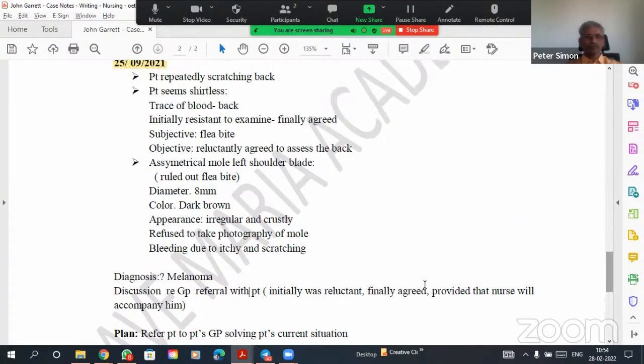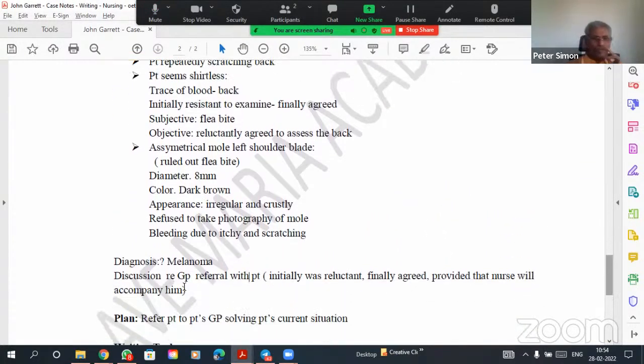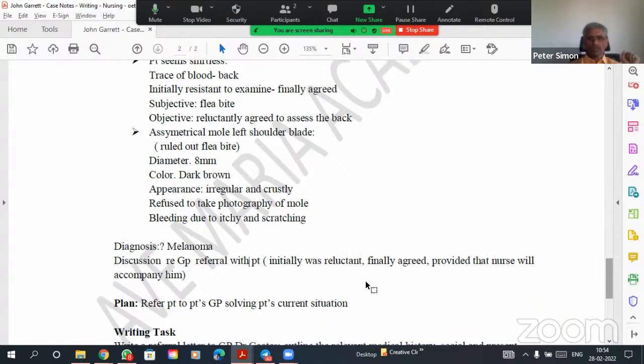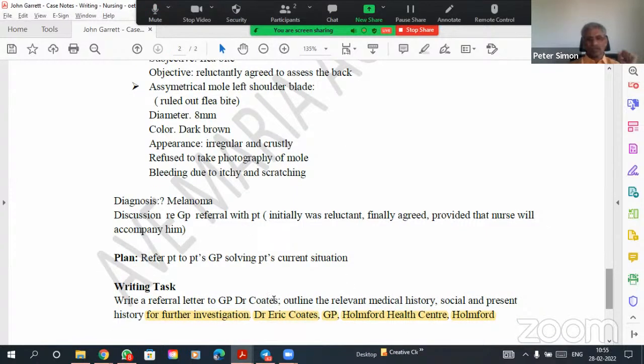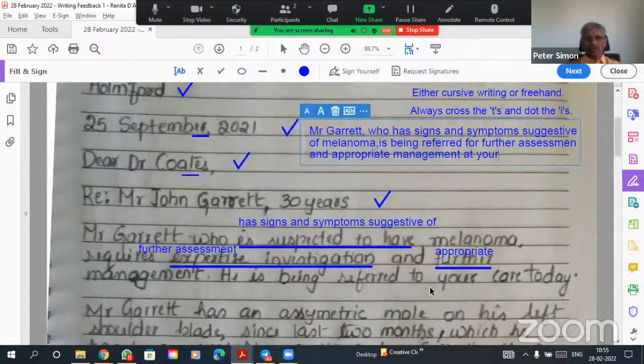Diagnosis: possible melanoma. Signs and symptoms. Discussion regarding GP, solving patient care situation. So no need for at your refer to.